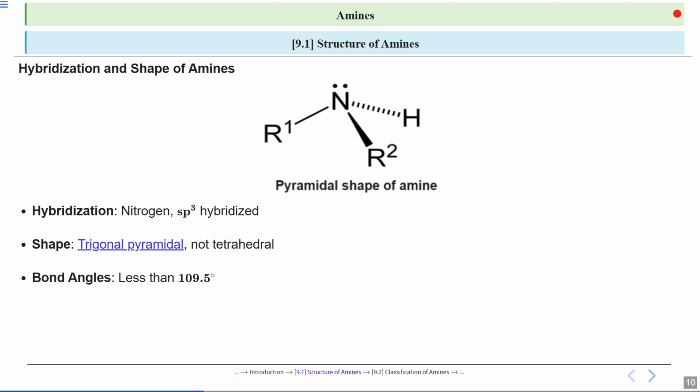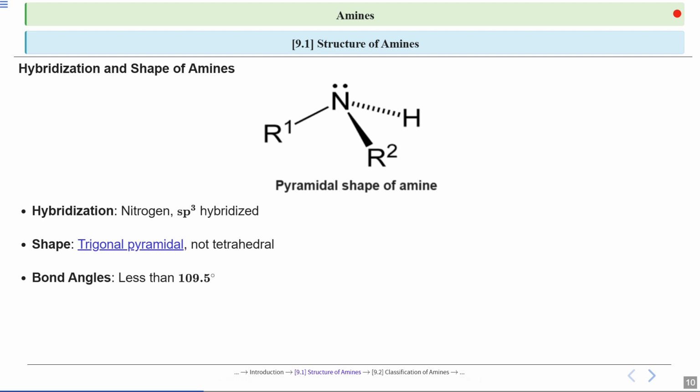Now if we talk about bond angle, in a perfect tetrahedral the bond angle is 109.5 degrees. However, in amines, the bond angle is slightly less than 109.5 degrees. Can you guess the reason why? This is because of the lone pair which is present on the nitrogen.